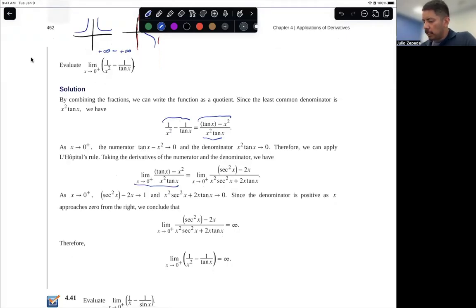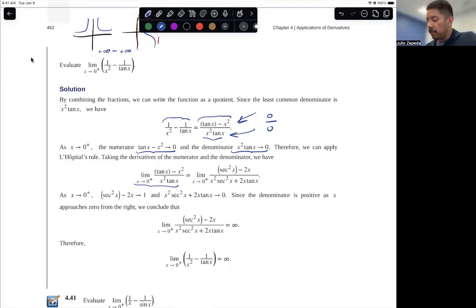We can apply L'Hopital's rule, taking the derivatives of the numerator and denominator. Yeah, so at this step here, once they combined the fractions, they went from infinity minus infinity to a single fraction, and we can see that the numerator goes to 0, the denominator goes to 0 as well, and so we have the 0 over 0 situation. So now L'Hopital's rule can be applied.